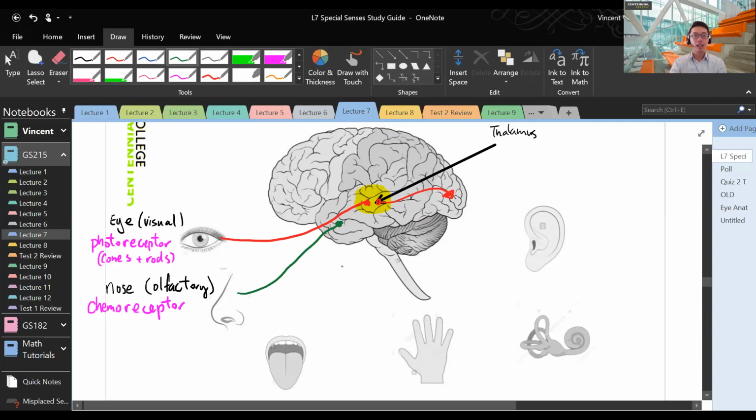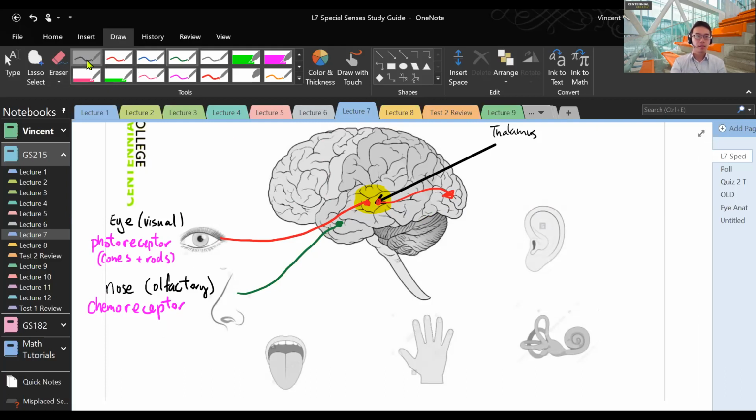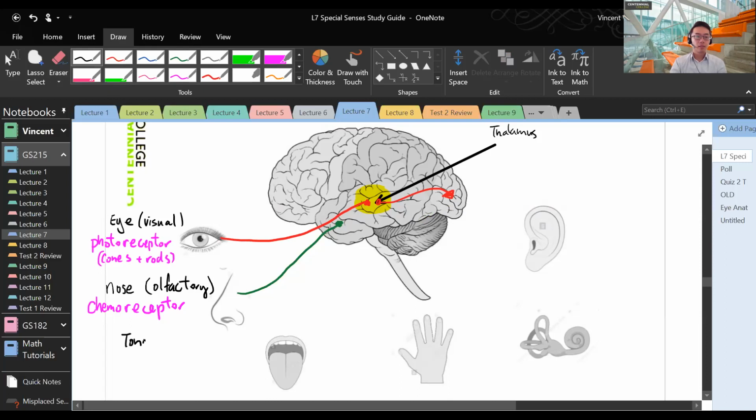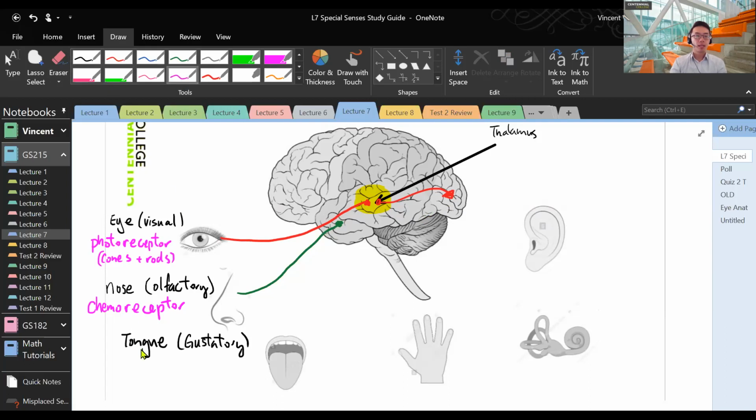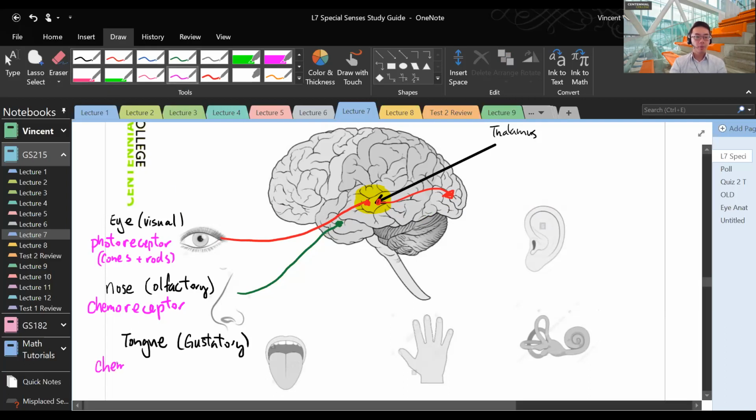Next, we have tongue. Tongue is gustatory. That means taste. So taste is going to be chemoreceptors as well.